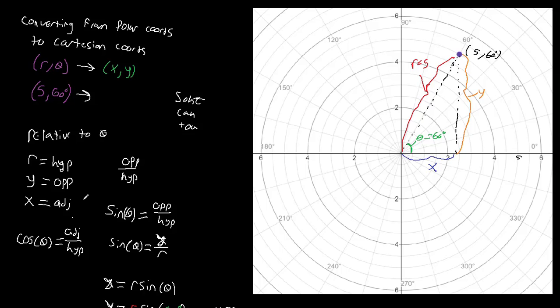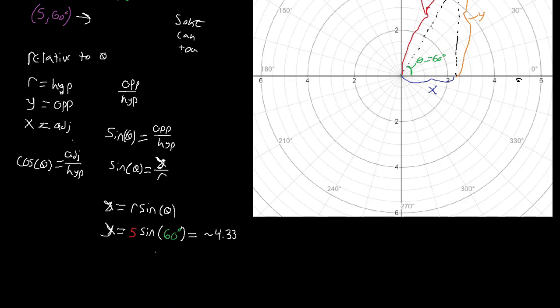Okay, so now we're going to bring in x, because we know that our cosine of theta is going to be equal to x, which is our adjacent, over hypotenuse, which is our r. Isolating for x, we get x equals r cosine of theta. So all I did was rearrange this equation just like before. So now we have the x value is always going to be equal to r times the cosine of theta.